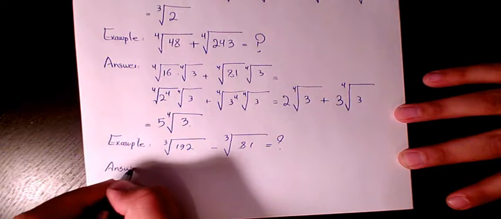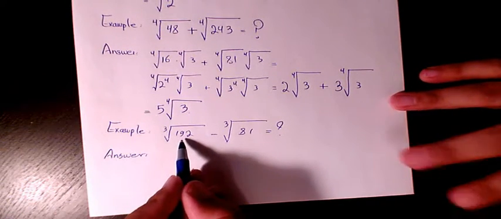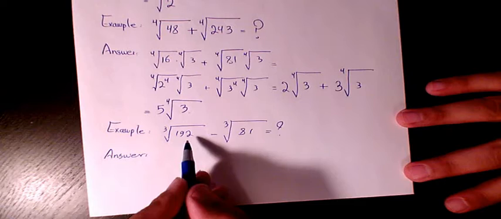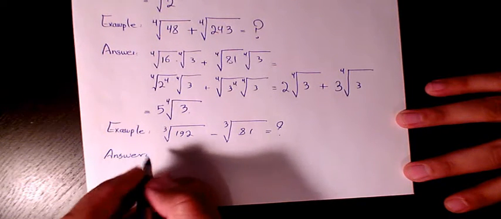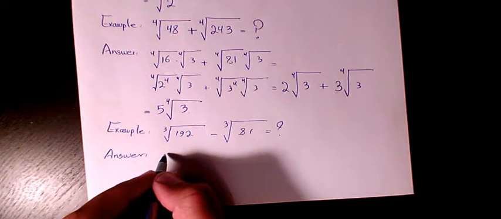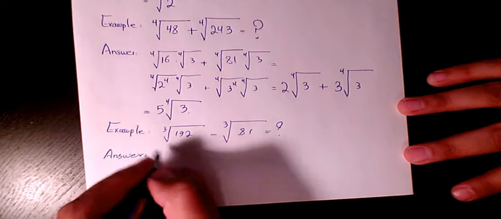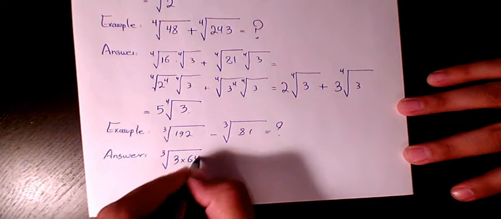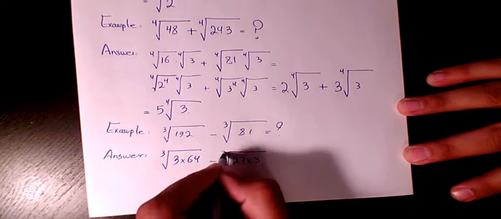Answer will be: 192 is basically 96 times 2, or it's 3 times 64. That's better. 3 times 64. And here we have 27 times 3.